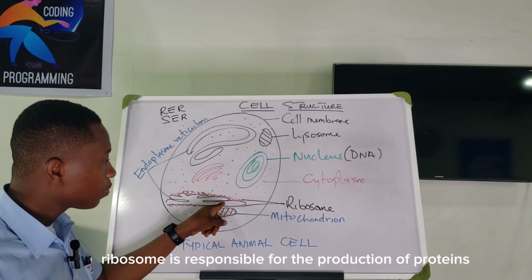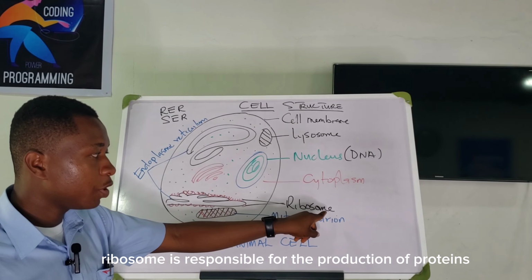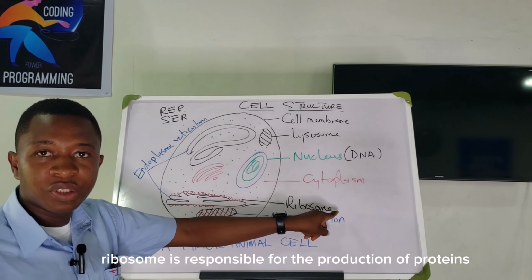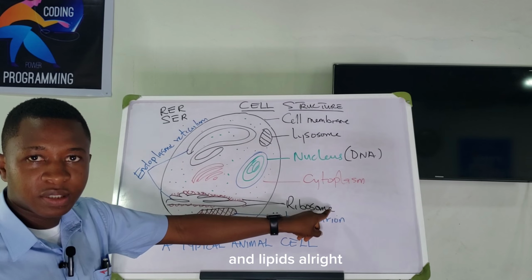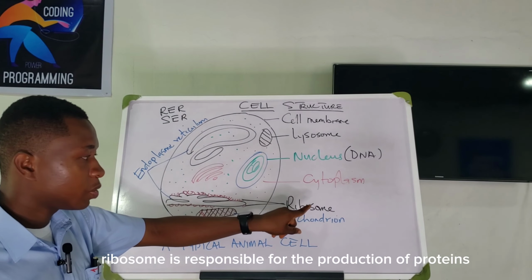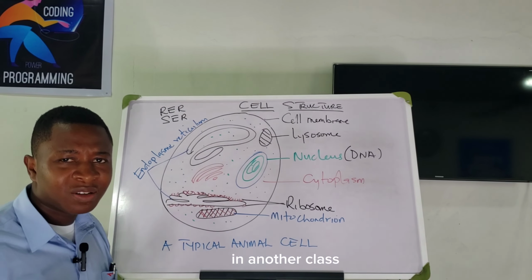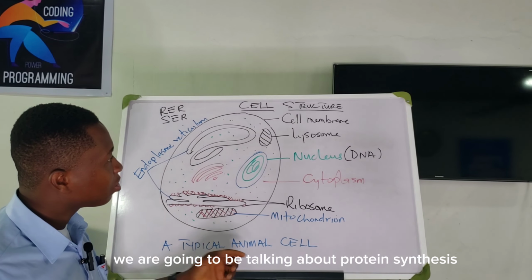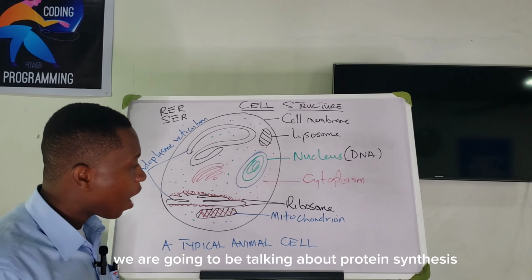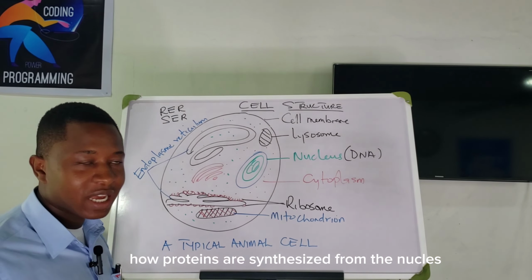The ribosome is responsible for the production of proteins and lipids. I'm going to talk about that separately in another class when we are talking about protein synthesis, how proteins are synthesized.